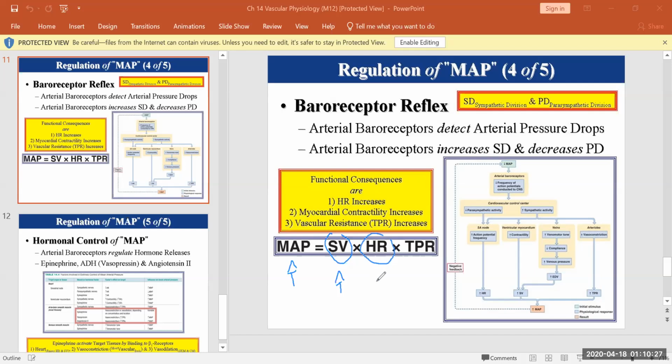Oops, so this is the heart rate, sorry. So this is the pacemaker, and this is the stroke volume, okay? So I take that back. So beta 1 on the pacemaker cell is increasing HR, MAP increases. Beta 1 on the cardiac contractile cell is SV. So stroke volume increases, MAP also increases, right?